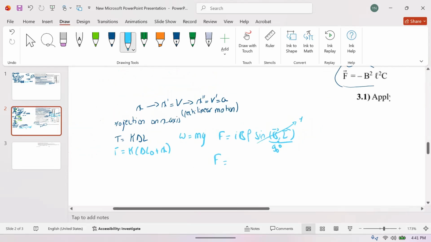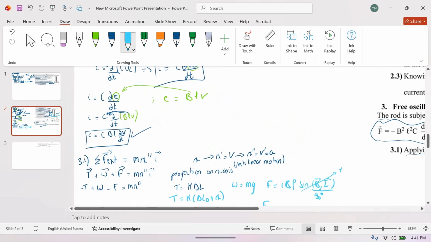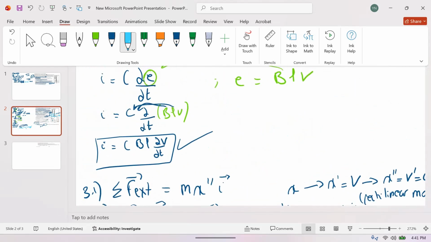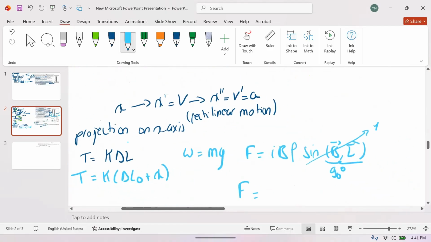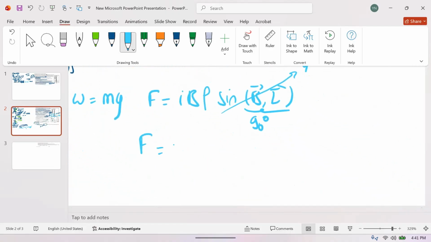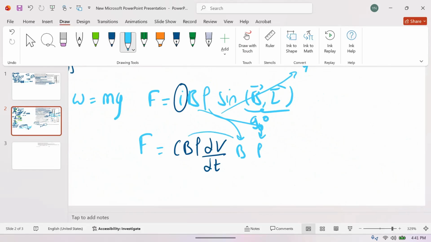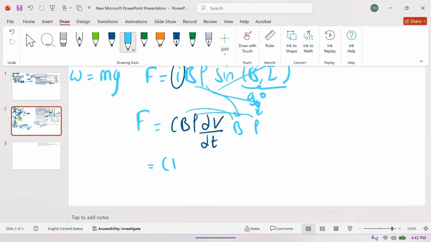Now, I is something that we know from the previous question. You cannot avoid that. I, it's CBL dV over dt. So let's replace that. I, it's C, B, L, dV over dt. This is I. And we just write the rest, which is B, it will stay B, and L, it will stay L. Now B and B, we multiply them. L and L, we multiply them. So it's C B squared L squared dV over dt.